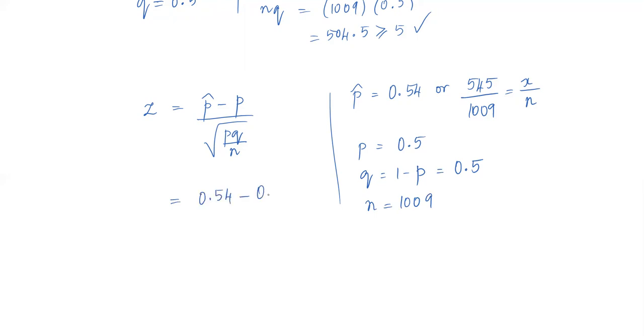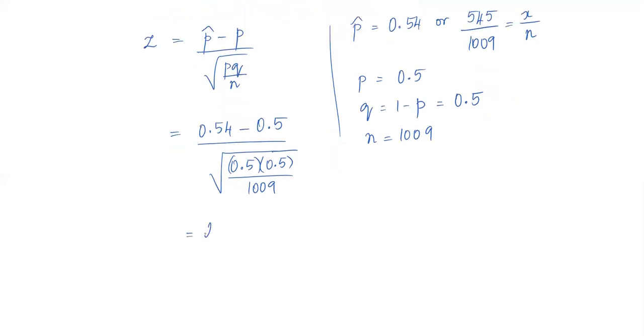0.54 minus 0.5, over the square root, 1009. And this came out to be 2.54. If you're using technology, you might get, probably 2.55. Or if you were using the entire thing, like 545 over 1009, if you kept it as a fraction instead of 0.54 here, right?